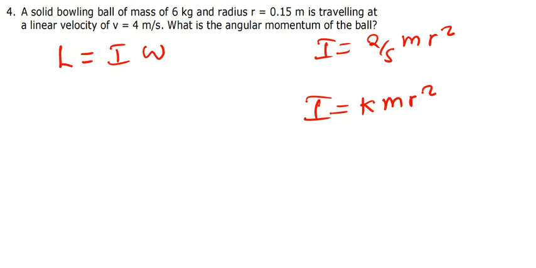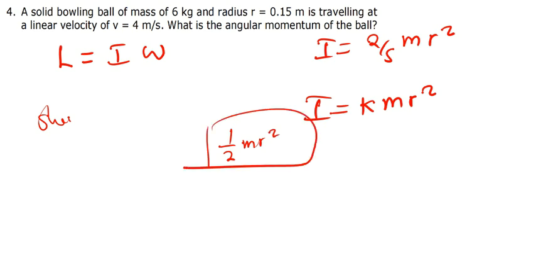For example, I'll give you the formula for a sphere. If we're talking about maybe a solid sphere, we realize that the inertia is given by, then k becomes half, half mr squared. So what I'm trying to tell you is that you don't have to master the formulas for what?